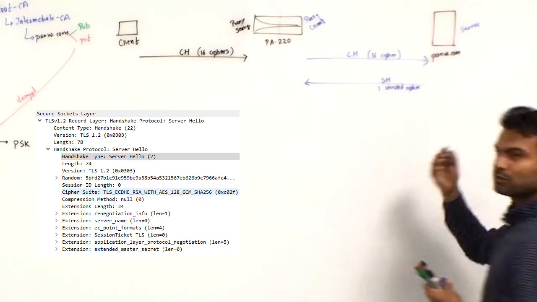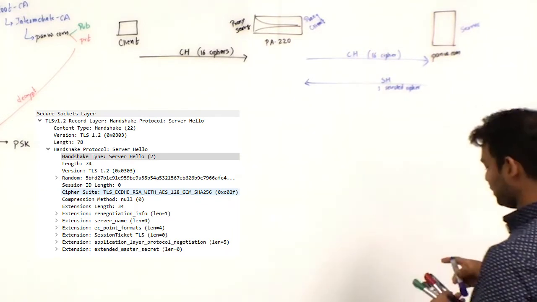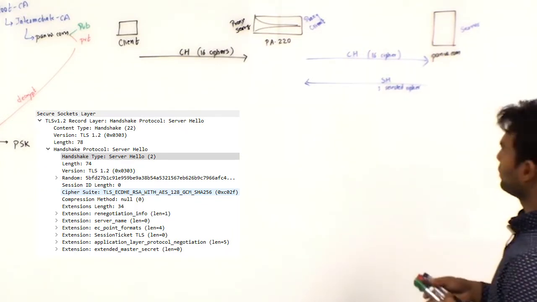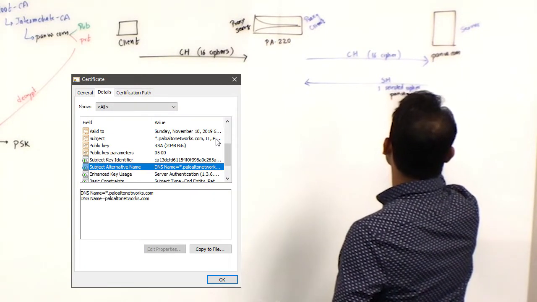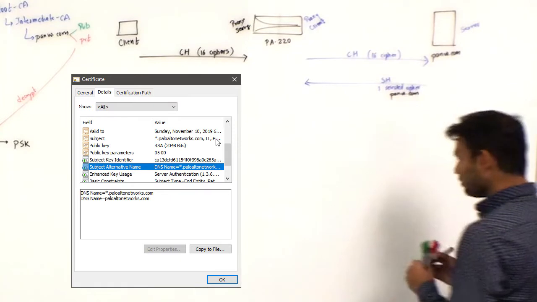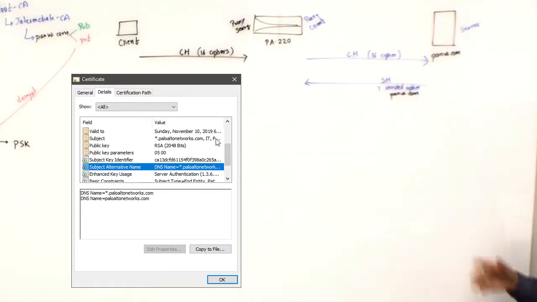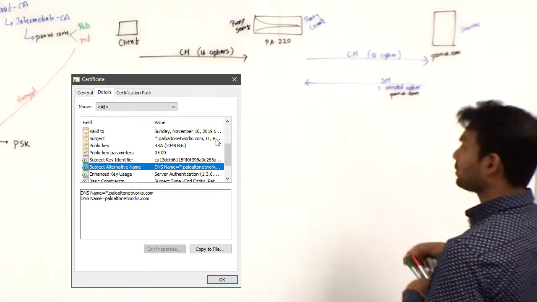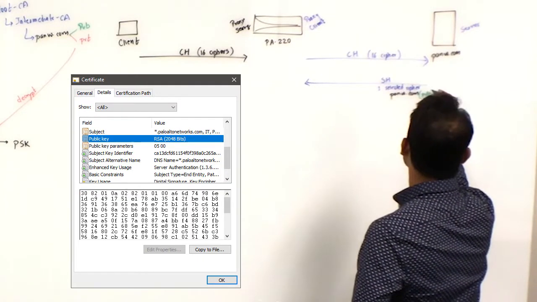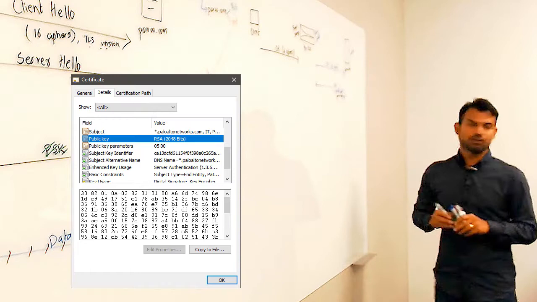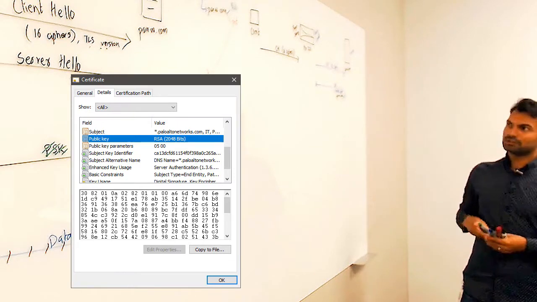Again, the server will also send its own version of TLS and other support information there, and it will send the PanW certificate. In the PanW certificate, like we talked about, it has common name and SAN and other information. It will also send the public key as one of the attributes inside the server certificate.